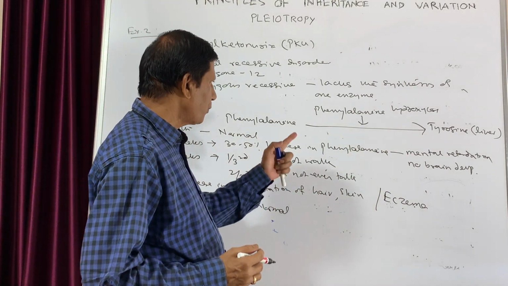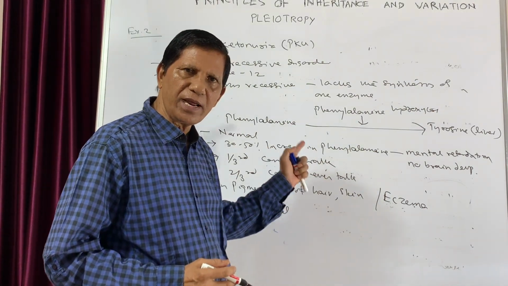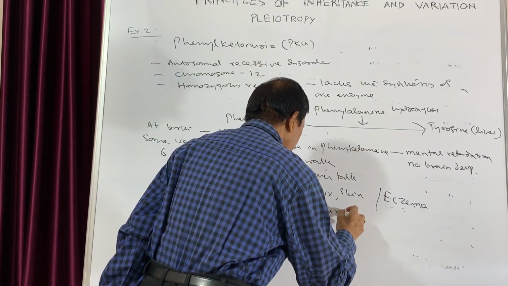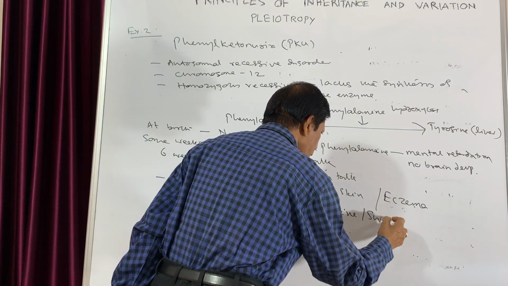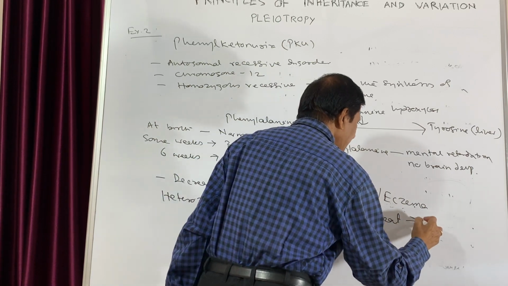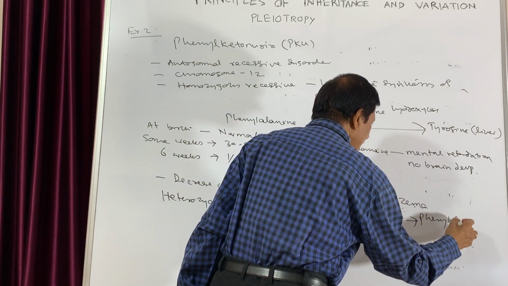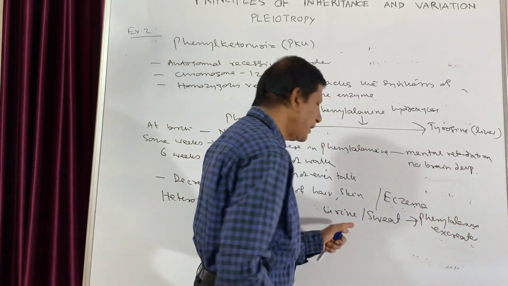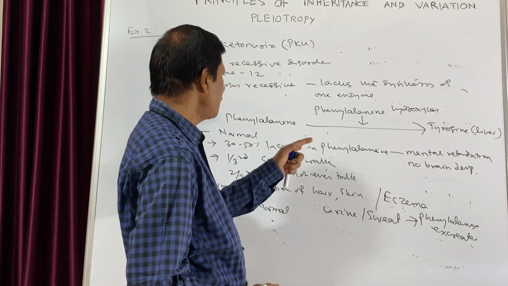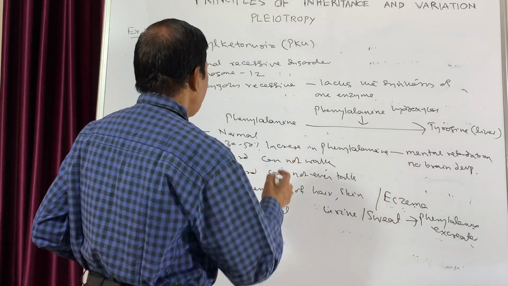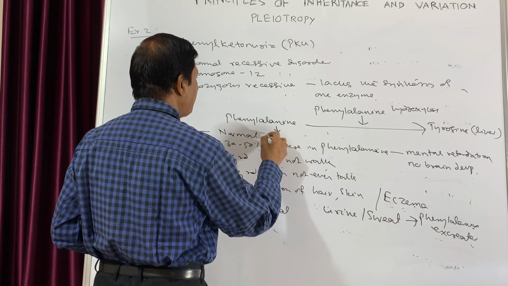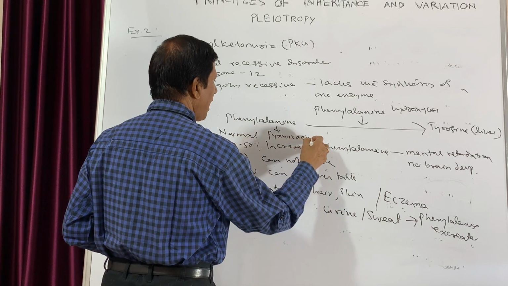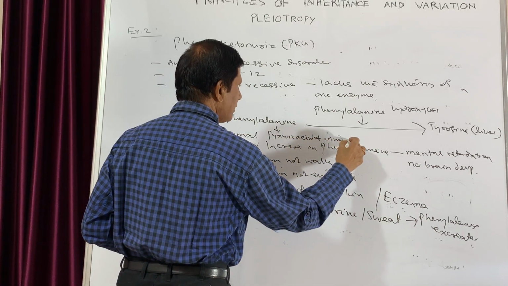Because in the person who is suffering from this phenylketonuria, usually what happens is that in the urine as well as in the sweat, the phenylalanine is excreted. But in spite of this excretion, most of this phenylalanine is converted to phenylpyruvic acid and other metabolites.